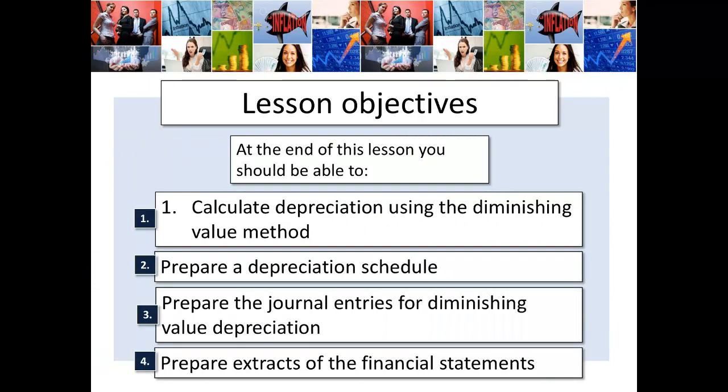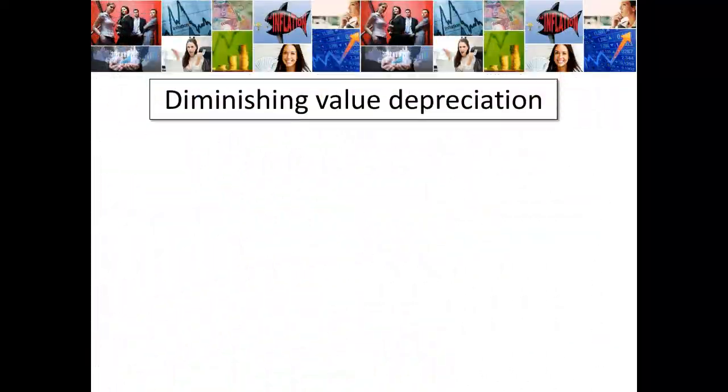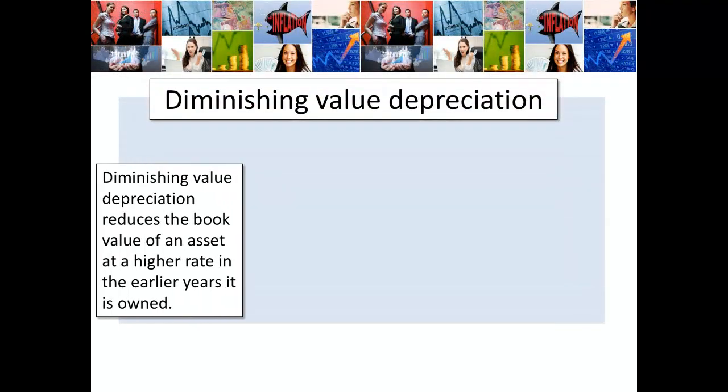What we want to do today is be able to calculate the depreciation, just this time using a different method, the diminishing value method. Prepare a depreciation schedule, the journal entries, and then extracts for the income statement and the balance sheet. The only thing different is how we depreciate. So, not straight line anymore, we are doing diminishing value depreciation.